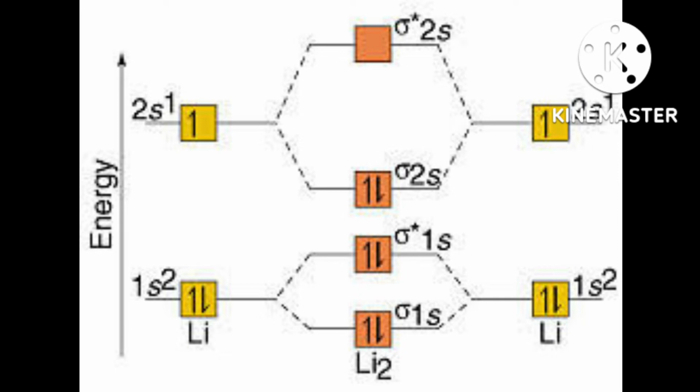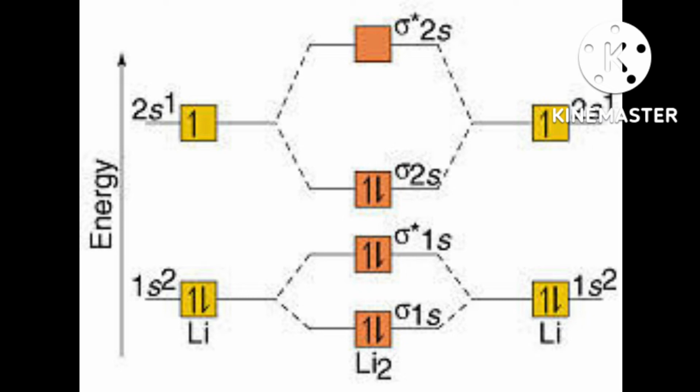It is designated as sigma 2p, bonding. Then bonding means sigma 2p, not x, z. We are considering z. Then sigma 2pz and anti-bonding sigma 2pz. Bonding sigma 2pz and anti-bonding sigma 2pz.